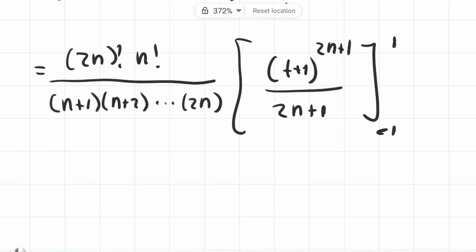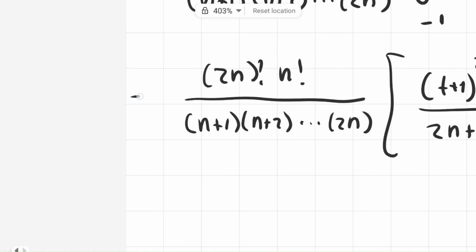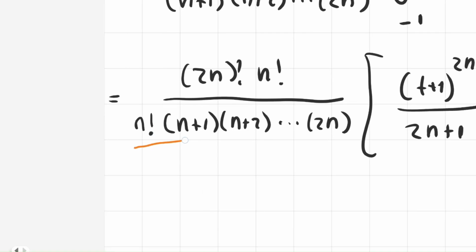So here we are going to make a trick. You can notice here that if we multiply this by n factorial here, this whole piece is going to become 2n factorial. Okay, it's not hard to notice that.